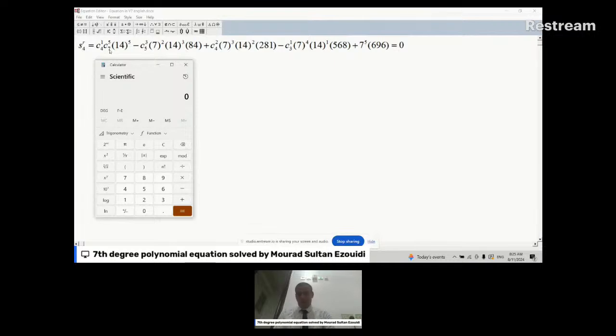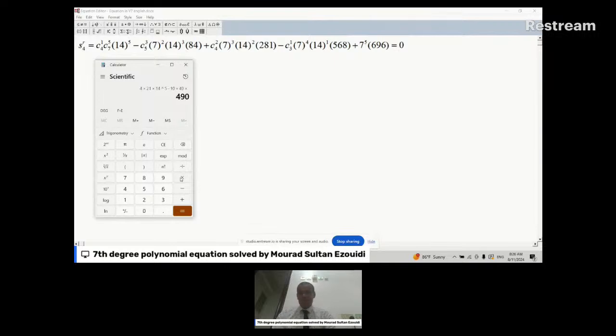So we have 4 times 21, because 7 choose 5 is 21, times 14 raised to the power 5, minus 5 choose 3. 5 choose 3, learners, is equal to 10. Minus 10 times 7 squared, and 7 squared is 49.